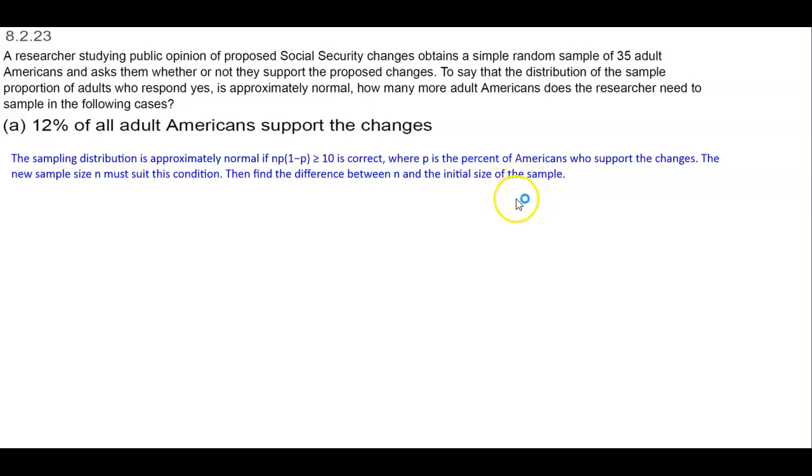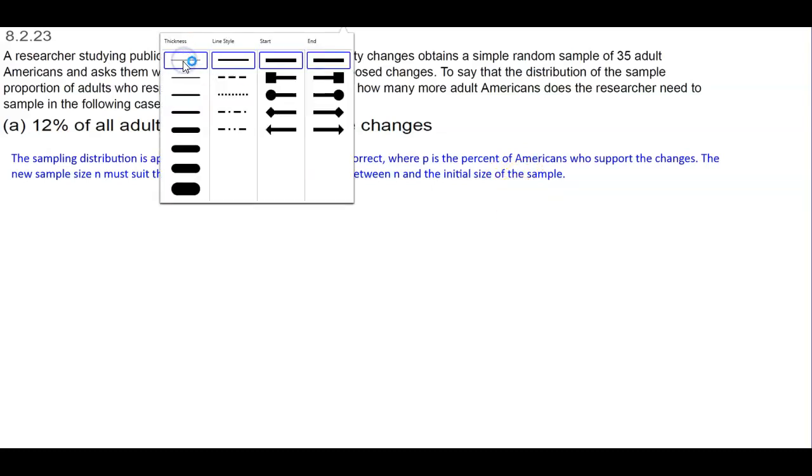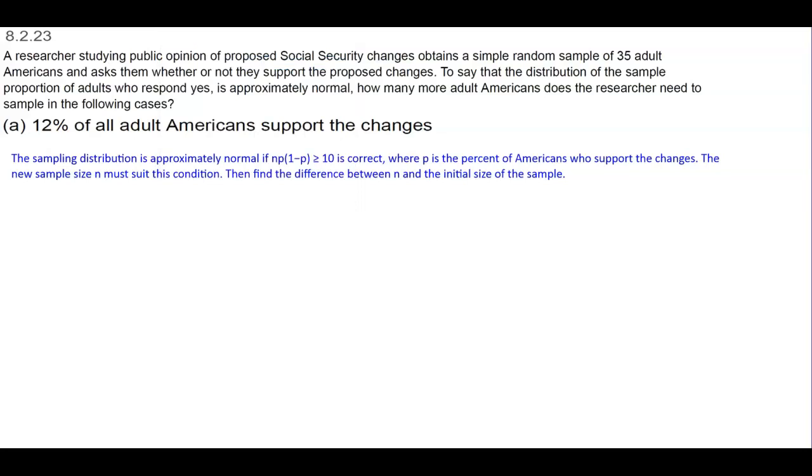Okay, so the first thing we want to do is check the condition for the distribution, which means we want to check where n times p times 1 minus p is equal to 10.